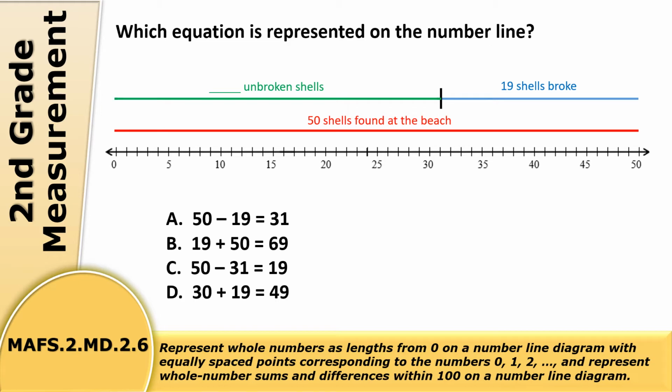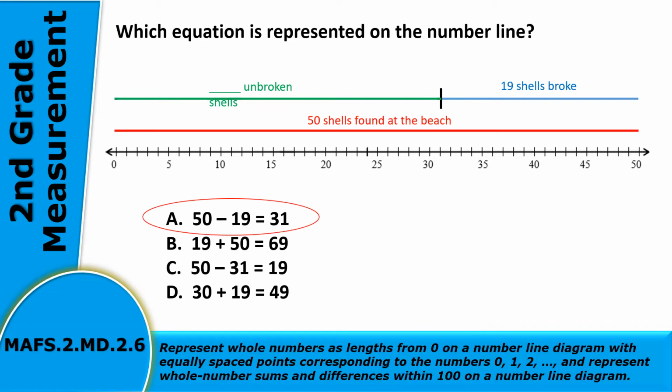Therefore, we could take the 50 shells that are found at the beach and subtract what we know, the 19 shells that broke, to find the broken shells at the beach. And there's our equation.